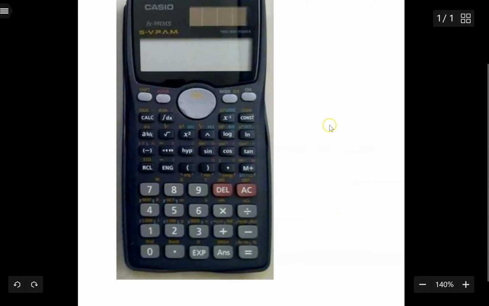You probably figured this out before I try this. Okay, so first of all, can you pay attention to this key? This key is the negative sign. It's totally different from this key, which is an operation.